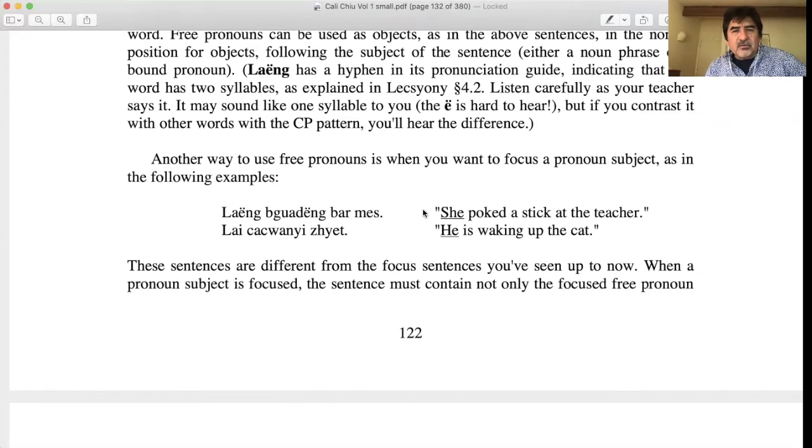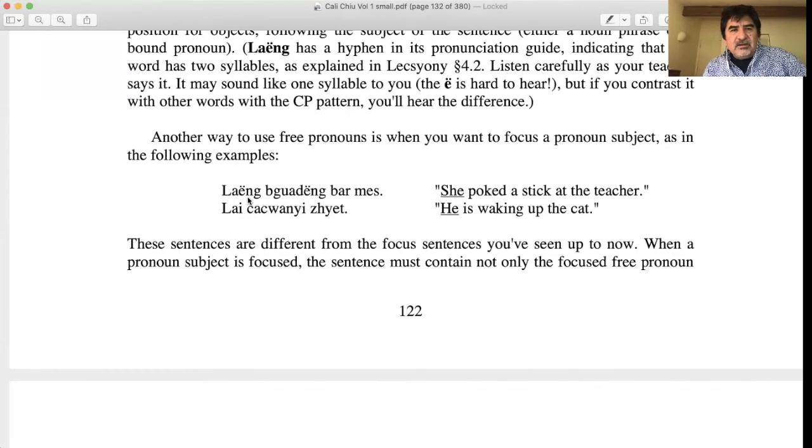Okay. So if we want to focus the pronoun subject, how do we know that's a focus sentence? Remember that in English it is underlined, and in Zapotec, it begins with the noun, or in this case, the pronoun. Remember that the basic word order in a Zapotec sentence is verb, subject, object. And if you have anything before that, it's most likely to be a focus sentence, okay, like in this case. So she poked a stick at the teacher, right?